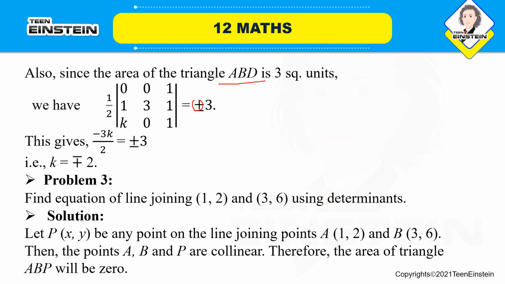Now expand this determinant. Here the first two elements are 0, so don't bother about this. You consider the third element given in the question. So when you expand this, what you are getting is 1 into, in the downward arrow this is 0, minus, in the upward arrow this is minus 3.